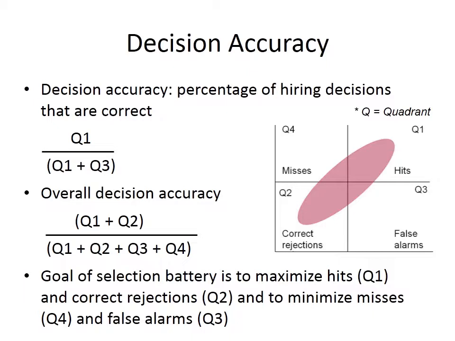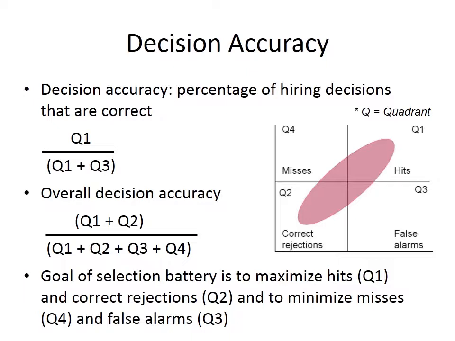So again, looking at precision, we've got our standard correlation there on the right. We've got our 4 quadrants basically at the bottom. Q2 is correct rejection. And again, the 2 lines that are drawn there, the line that's going horizontal is basically successful performance. The line that's going vertical up and down is the cutoff we have determined on our group of selection batteries, however we're doing it.